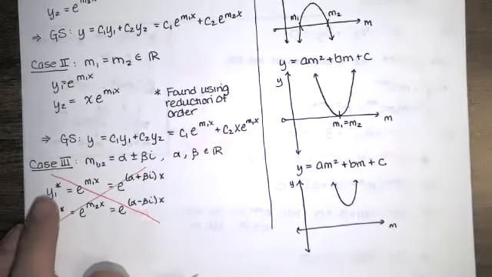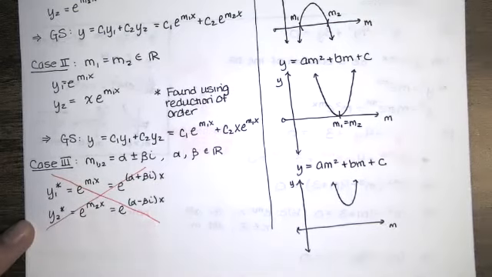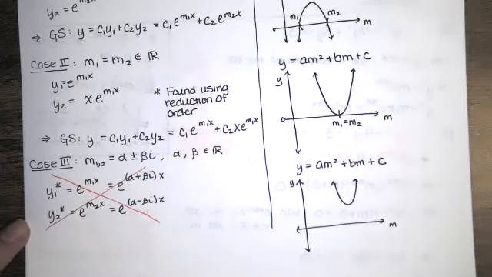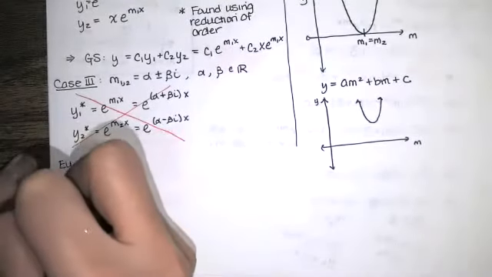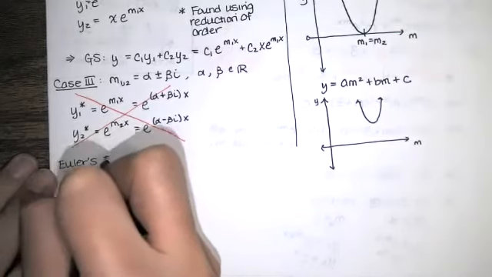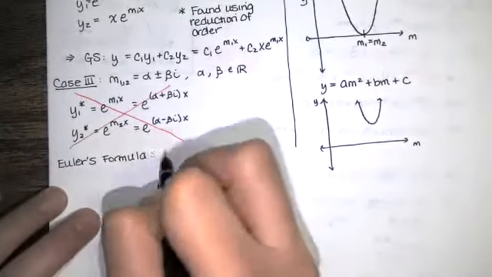But it turns out that this solution y1 star is related to the solutions we're looking for using what's called Euler's formula. Now, Euler's formula is something that you will learn more about in complex analysis if you decide to take that class.